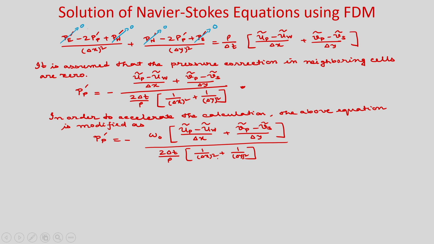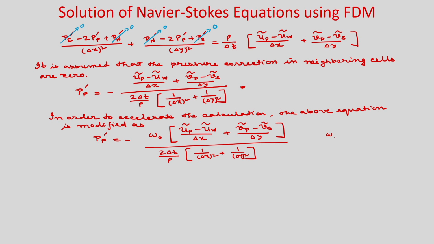Omega naught you need to find by trial and error method, but mostly you can use it between 1.4 to 1.8. You can use around 1.4 or 1.5 to 1.8. So, this is your over relaxation factor. Now let us number this equation.